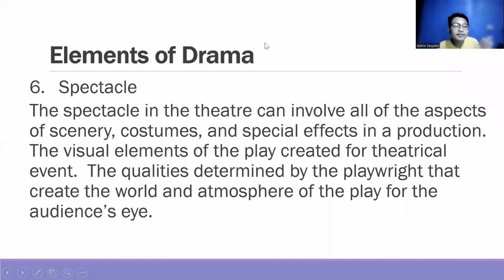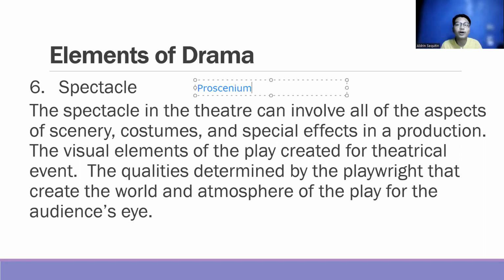three types of stages. Okay, so the first type of stage is proscenium. So that's the spelling of proscenium. So sa proscenium, para po tayong may, yung stage po natin ay para siyang picture frame. Okay? Makikita lang natin yung play in just one point of view, and that is the front view.